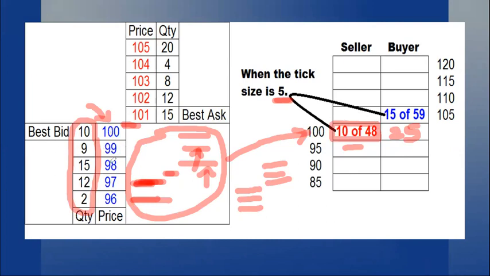So any sell order which is executed between 100 to 96 will come in this box only. And in the meanwhile, if any aggressive buy order is executed from 100 to 96, it will come on the right side on this level only.